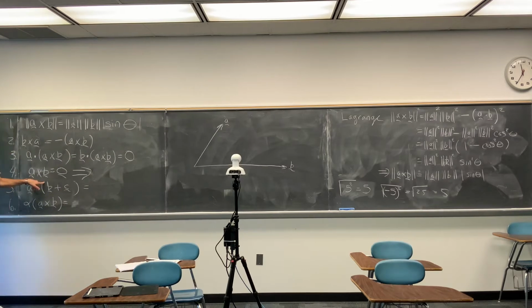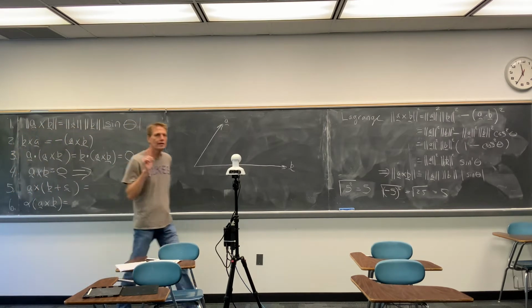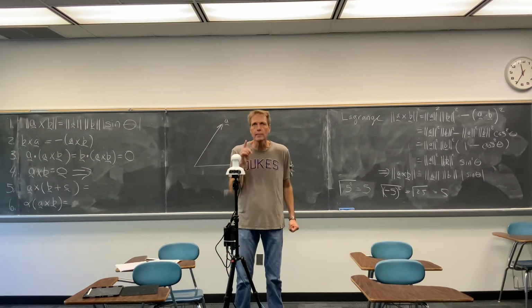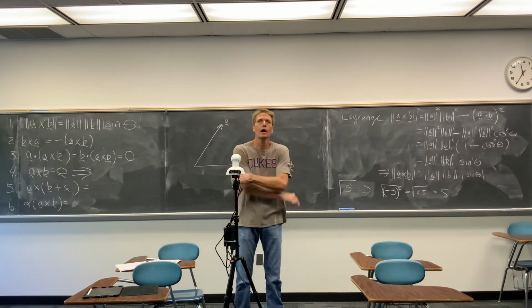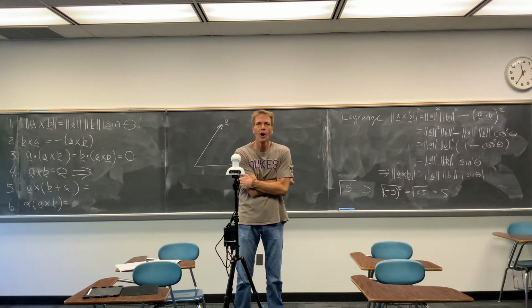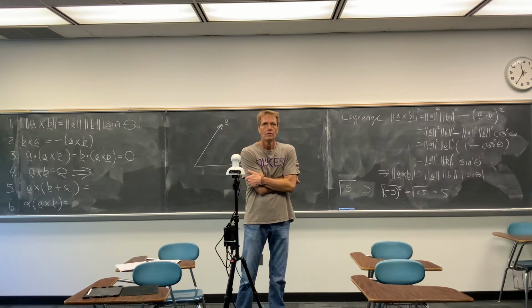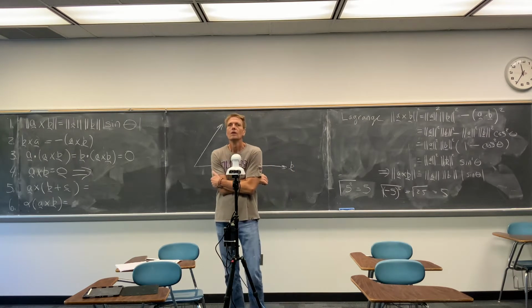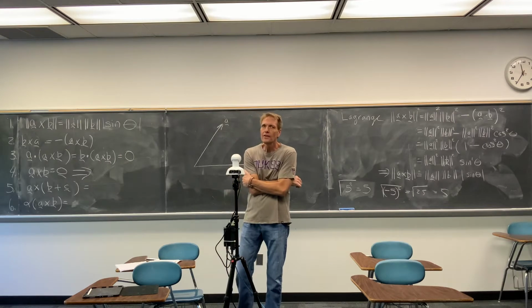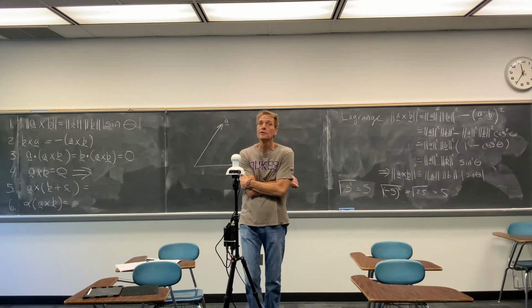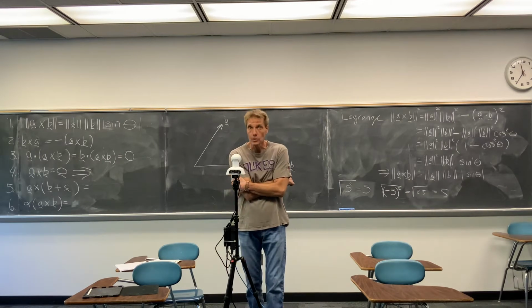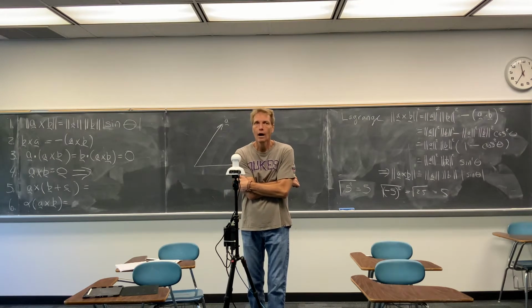If you take the cross product of two vectors and you get the 0 vector, 0, 0, 0 coming back out, what does that tell you about your two vectors? They're not perpendicular. If A dot B was 0, they would be perpendicular.